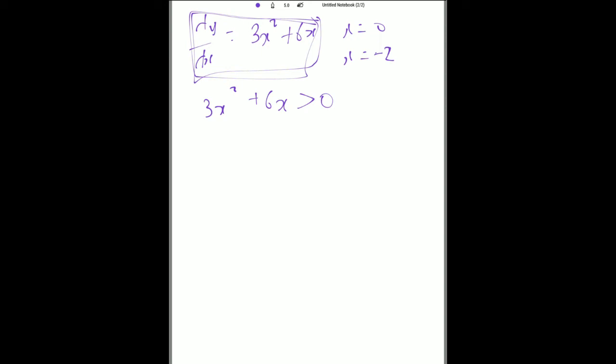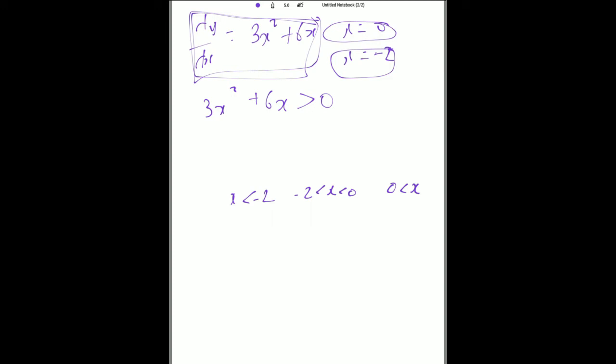So we're saying we need to determine whether the function is increasing or decreasing for values less than -2, for values greater than 0, and for values between -2 and 0. So let's look at those values that are less than -2, between -2 and 0, and greater than 0.